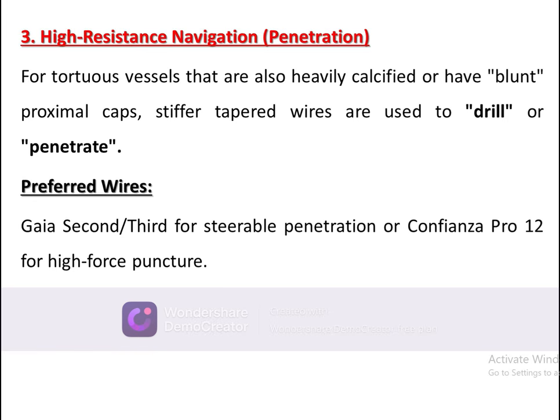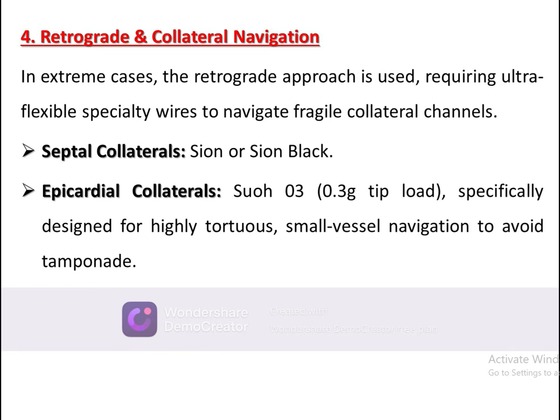The third, high resistance navigation: penetration. For tortuous vessels that are also heavily calcified or have a blunt proximal cap, stiffer tapered wires are used to drill or penetrate. Preferred wires: the Gaia Second or Third for steerable penetration, or Confianza Pro 12 for high force puncture. Fourth, retrograde and collateral navigation.